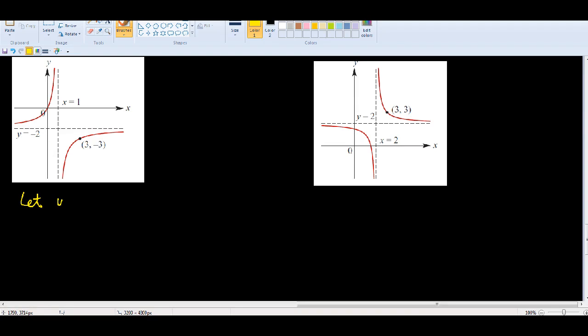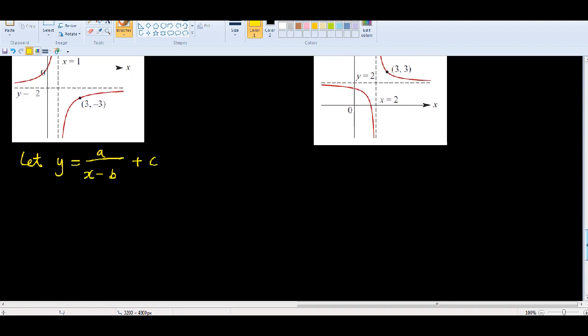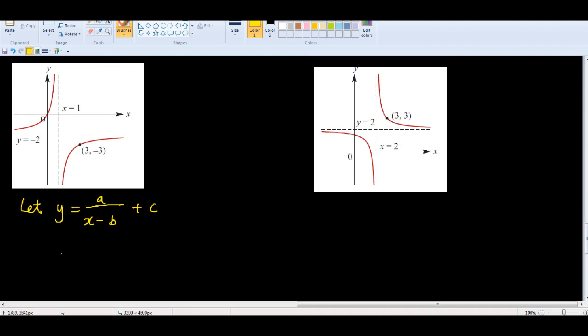Okay, so for this one, let's let the general form be y equals a over x minus b plus c, or you might use h. Okay, so we used b before, possibly it should be more consistent. Okay, so by using that, when you observe the curve, you see where the horizontal asymptote is from the graph.